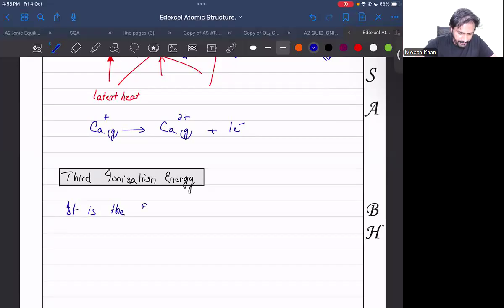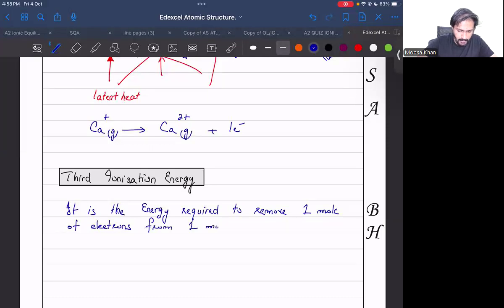Very good. It would be the energy required to remove one mole of electrons from 1 mole of gaseous positive 2 ions.